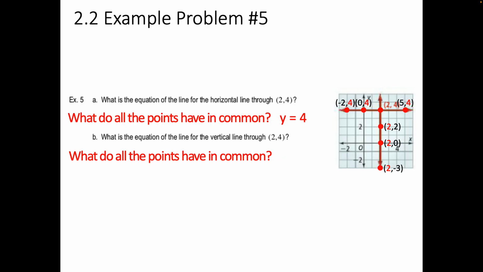What they have in common is that x equals 2. So our equation is just going to be x equals 2. What's y? Anything you want. y can be big, small, 0, anything in between. y can be anything. But x always has to be 2.